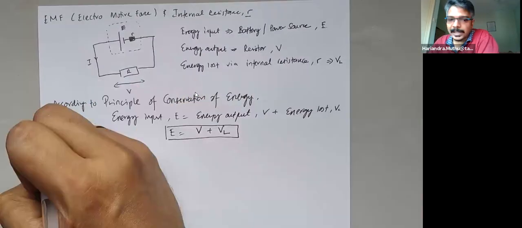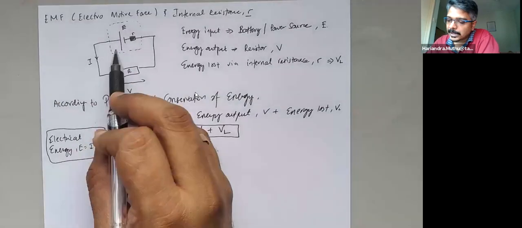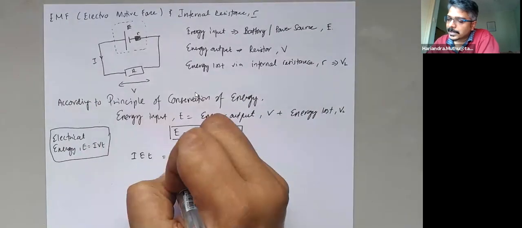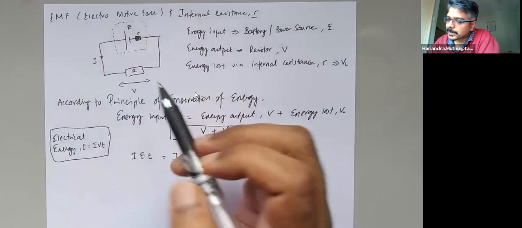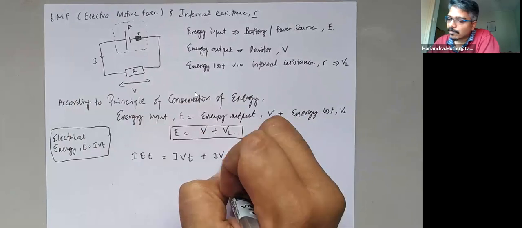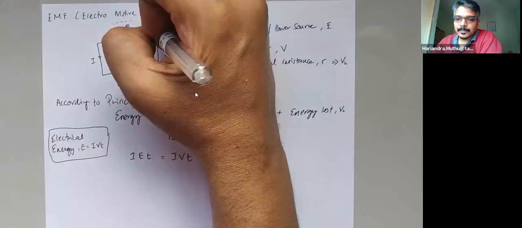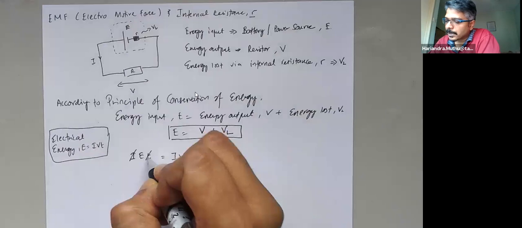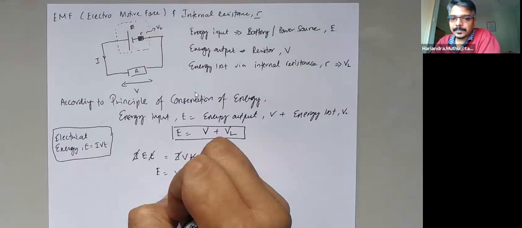So I is the current passing through the battery E in a particular time t, equals IVT, the same current passing through the resistor R, plus IVLT, where VL is the voltage loss through the internal resistance. The same current passes at the same time. Hence, you have E equals V plus VL.